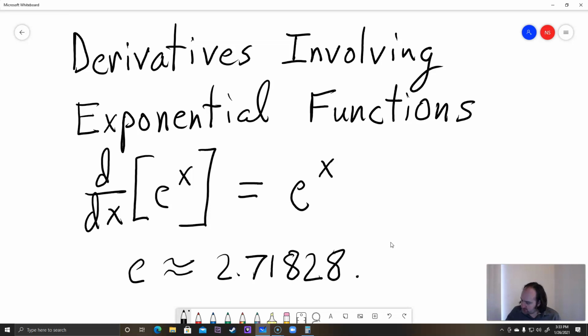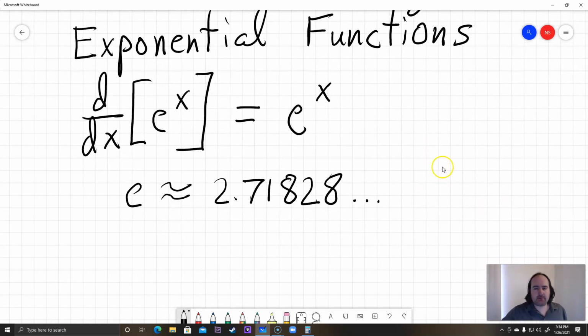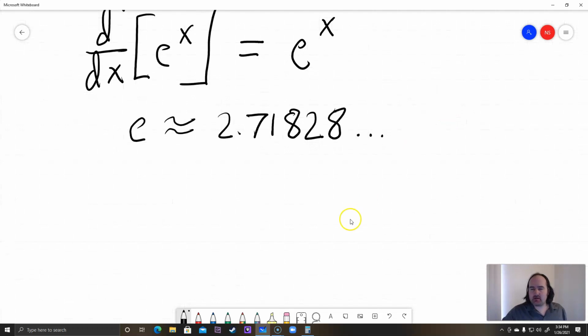It goes on forever, and it's called the natural base. It's also the base for a natural logarithm. Remember, ln of x is the same as log base e of x. But that's all pre-calculus stuff.